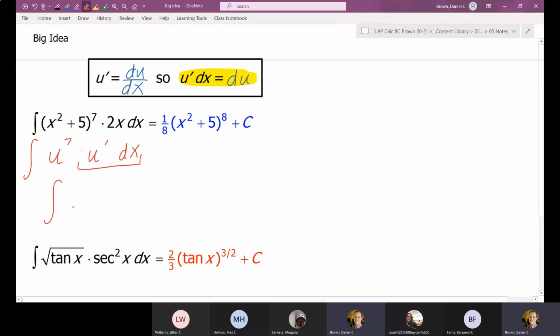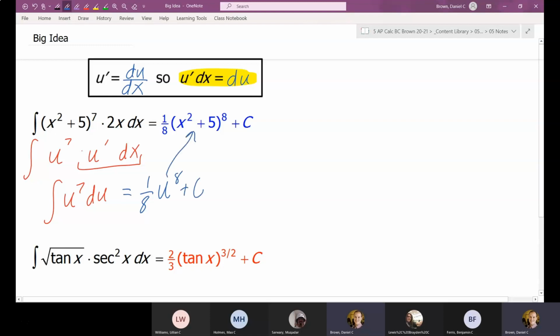So basically the idea behind U substitution is instead of always having to do it mentally, we're going to take our integrals that are often with respect to x or with respect to t or with respect to theta and put it with respect to u, which then makes it a much easier integral to find. That becomes 1/8 u to the 8th plus c.